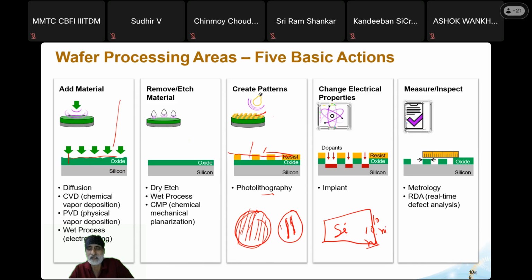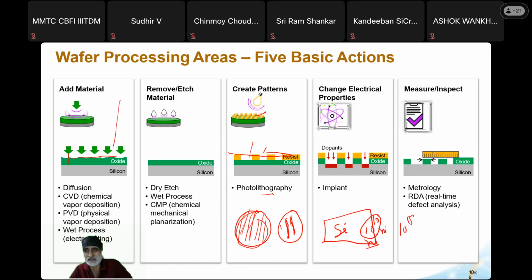The reason is this 10 raised to the power 10, which are mobile charge carriers in terms of electrons and holes, can be increased to 10 raised to the power 15, 10 raised to the power 16 by different methods: by shining light, by subjecting it to an electric field, or by implanting dopant elements from column 3 and column 5, like boron or phosphorus.